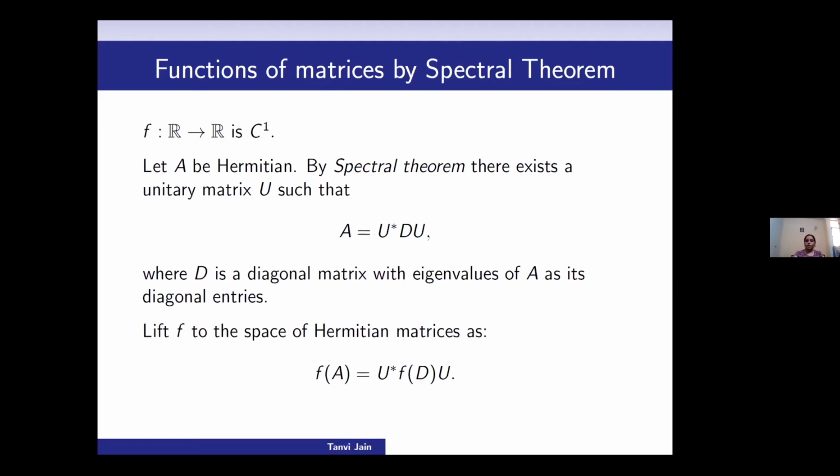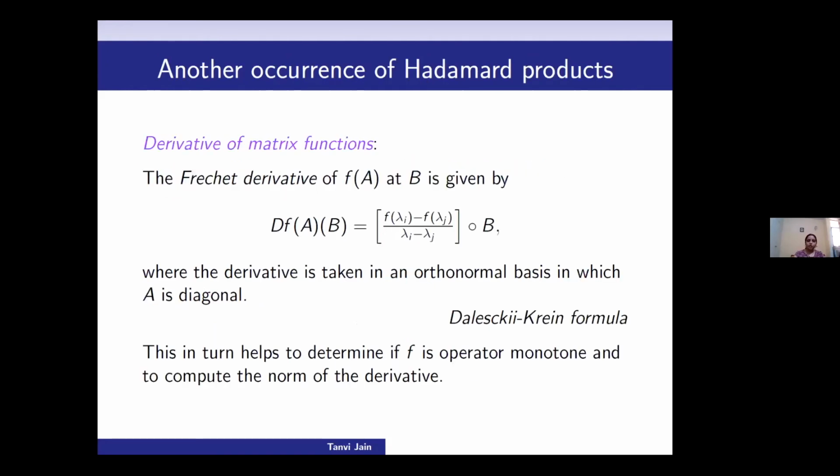Now see, if you had tried to find derivatives of functions from Rn to Rn, that is not a very easy task all the time. To make sense of the derivative is even more difficult if I'm talking of functions from the space of matrices to matrices.